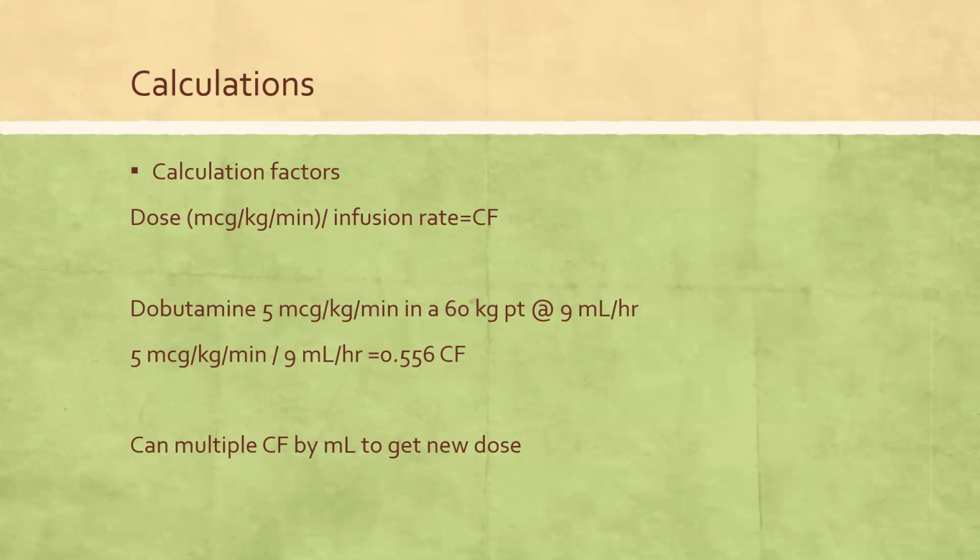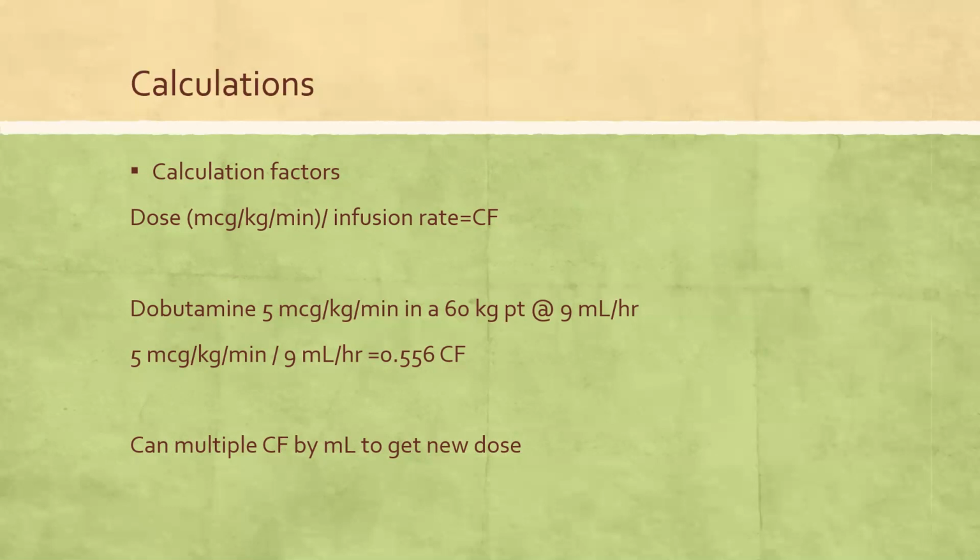So here we go, I'm going to turn my calculator on. Let's say it's something hard, 15. Okay, it wouldn't be, but let's say. So we've got 15 mils per hour times my calculation factor, 0.556, and that tells me that it's actually 8.34 micrograms per kilogram per minute.